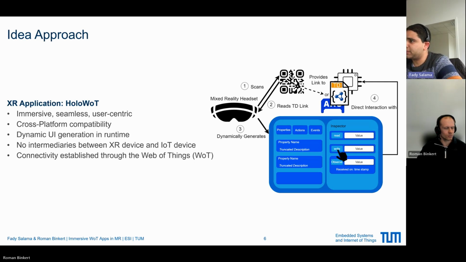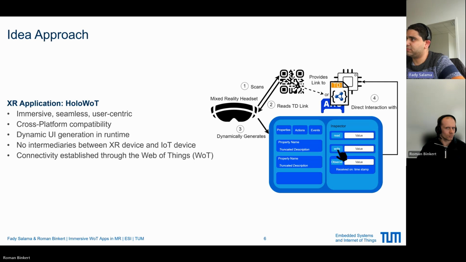We also wanted to make sure that there's no need for an intermediary or anything like that, so no cloud is needed. Of course, you can still access devices even if they are in the cloud, because the Web of Things allows for that. But our application is all inside of the headset, and the connectivity is established using the Web of Things.